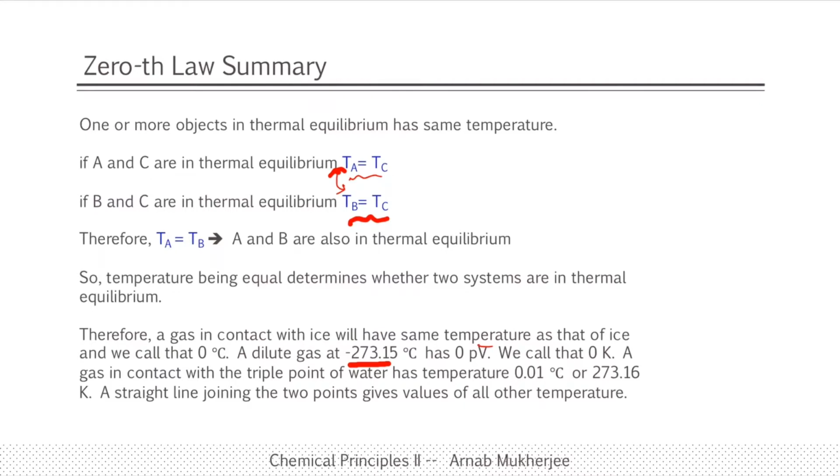A gas in contact with the triple point of water has a temperature of 0.01 degree centigrade or 273.16 Kelvin. Once we define these 2 points and plot PV, one point is 0 Kelvin, another point is 273.16 Kelvin. Once we define that, we get the temperature for all the rest of the temperatures in between, because we know that it follows a straight line, for a dilute gas.